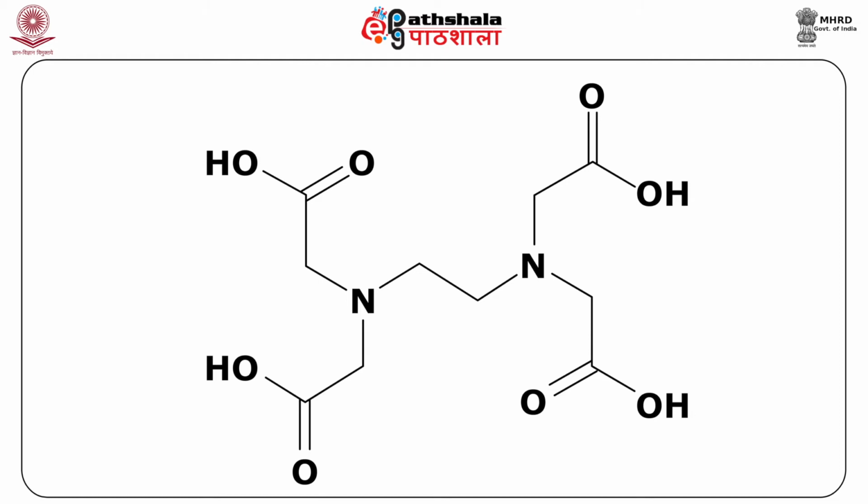EDTA was patented for this use in 1935 due to the greater demand of chelating agents for the removal of toxic elements and increasing risk of nuclear fission products entering the human body. Pfeiffer, Schwarzenbach, and others introduced EDTA to medical research in 1945.